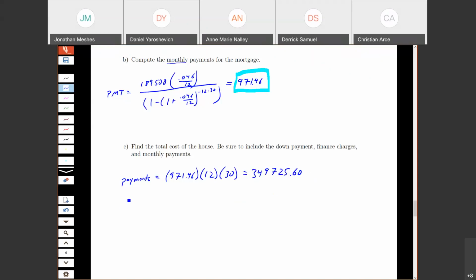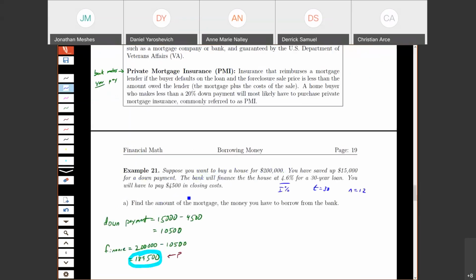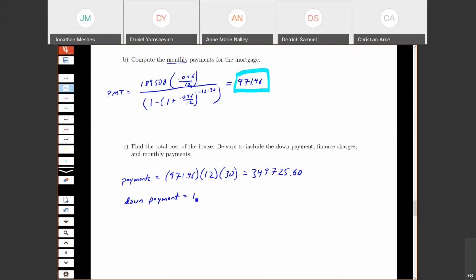Our down payment, if I look back, was $10,500, and the fees that we had to pay were $4,500.